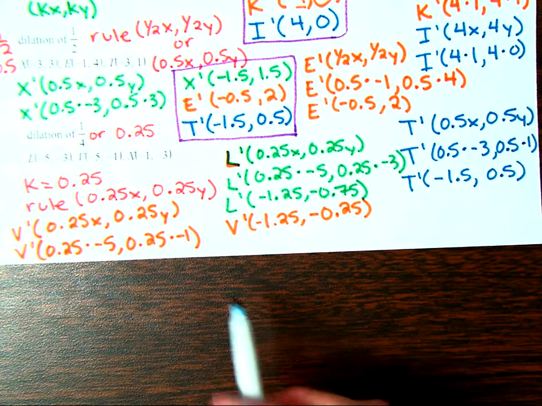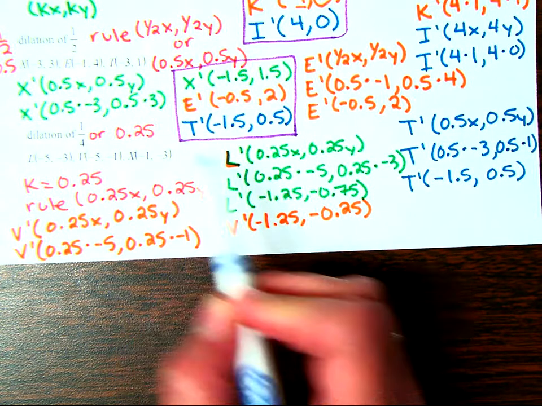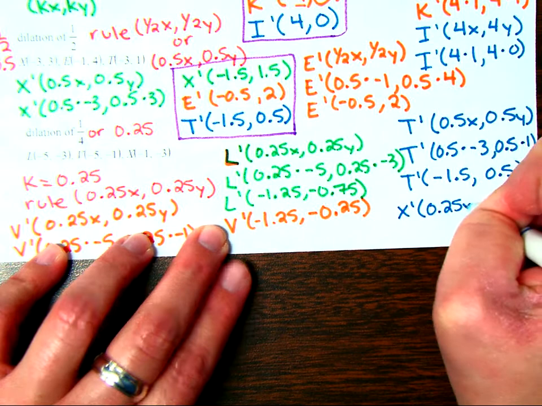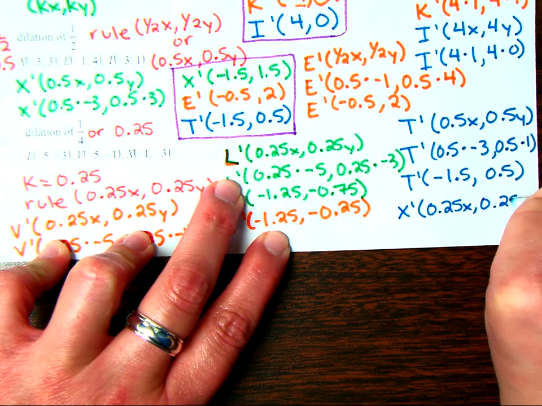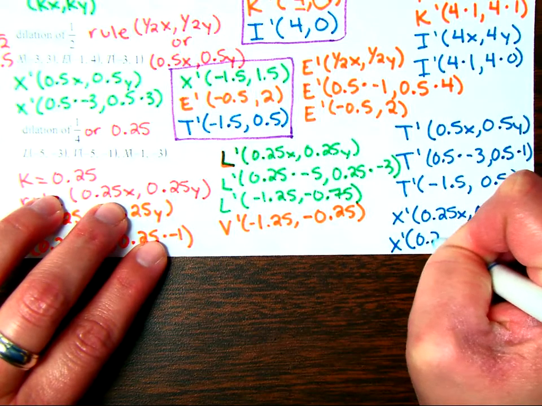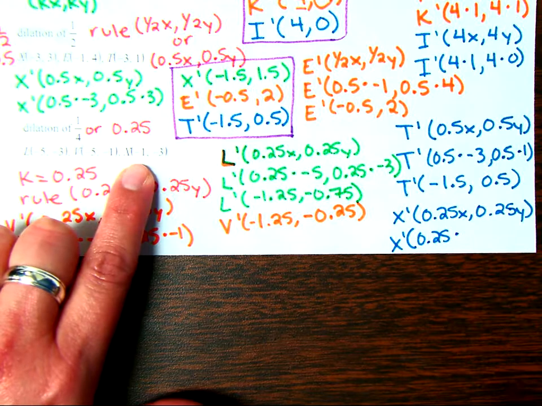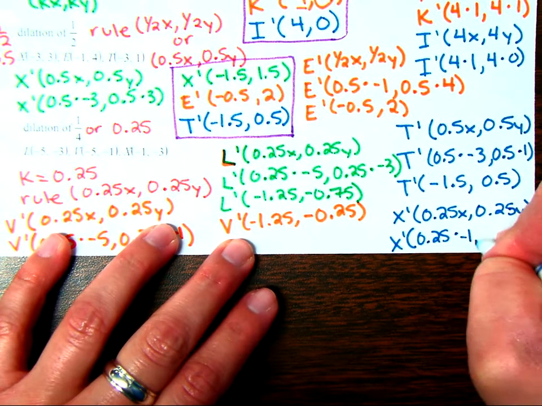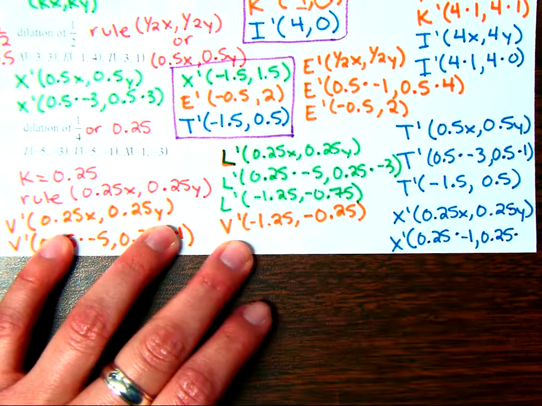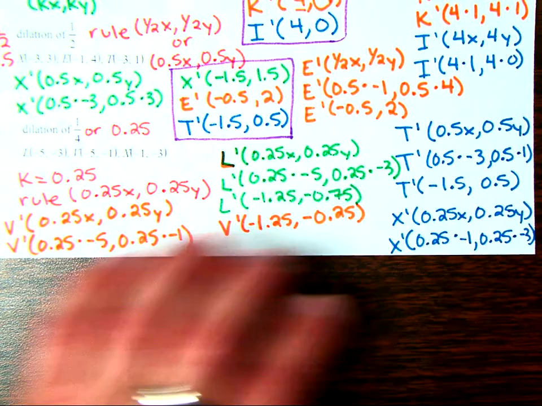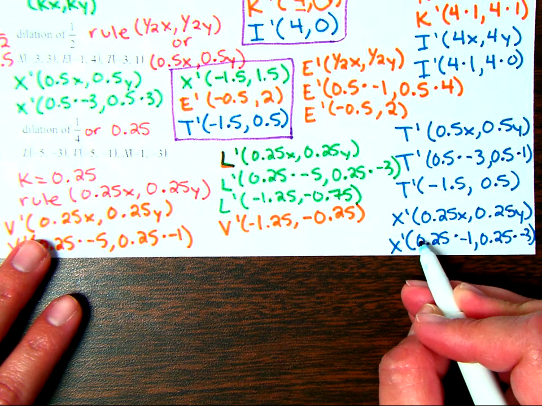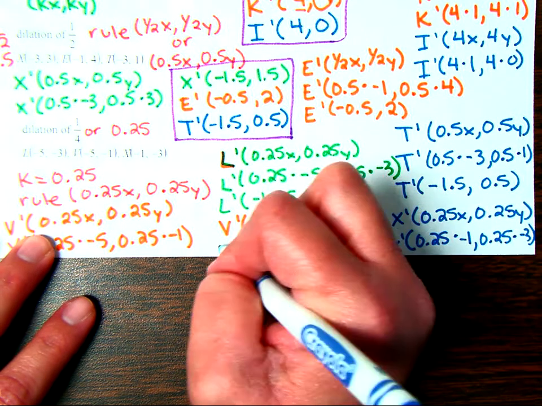Then my last color I used was blue, just to help you guys see it. So my original is negative 1, negative 3. So my rule is 25 hundredths x, 25 hundredths y. So 25 hundredths times the original x, which is negative 1, and 25 hundredths times my original y, which was negative 3. 25 hundredths times 1 is 25 hundredths, but a positive times a negative is just a negative.